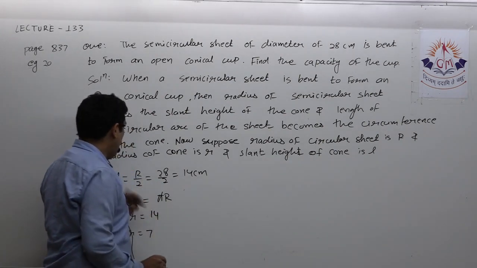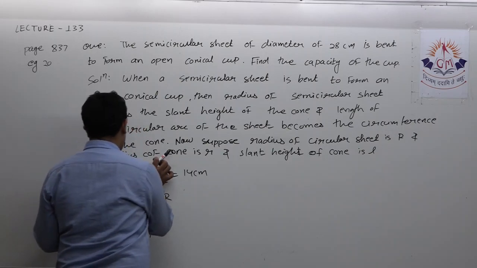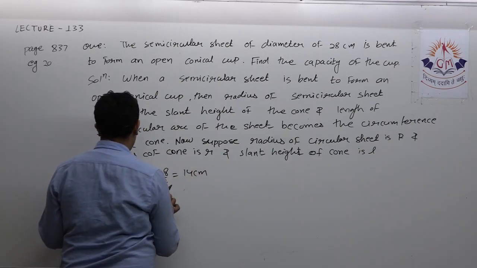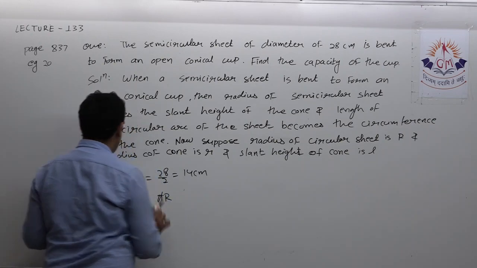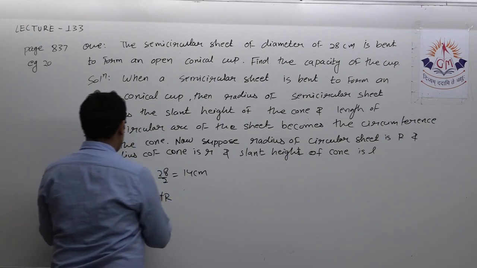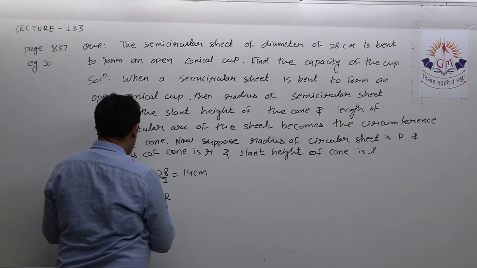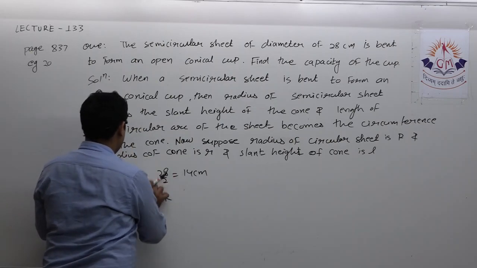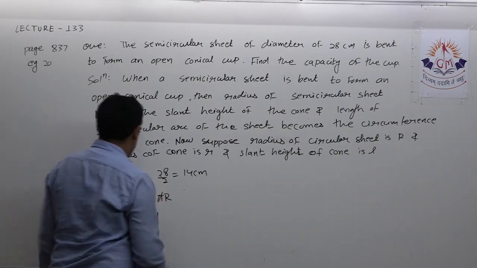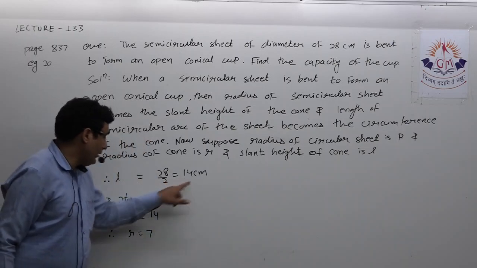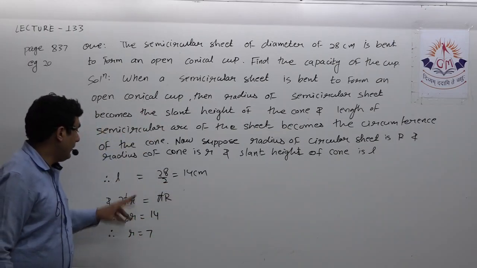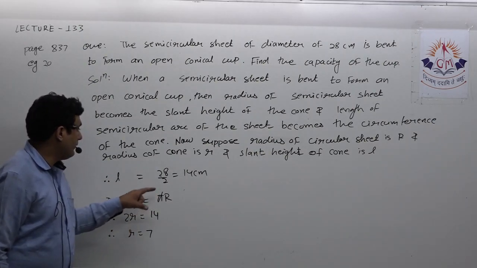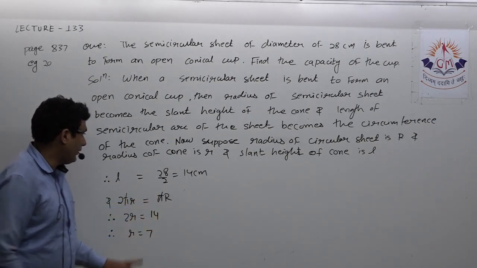The slant height becomes the radius. Slant height is equal to radius, so it is 28 by 2 simply. So slant height is 14 centimeter, that is half of the diameter. Radius is 14 and small r is 7.